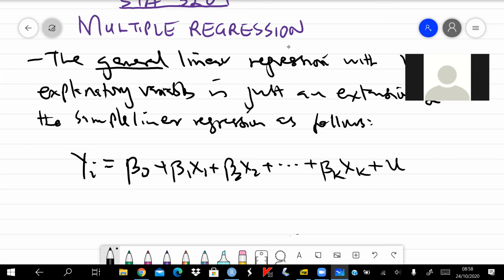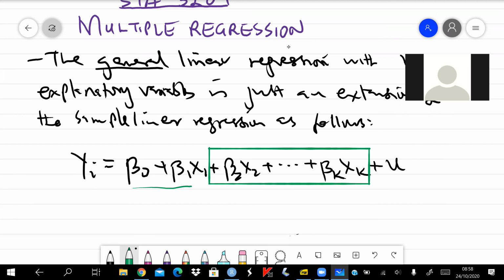So that's the general linear regression model. What we were discussing last week is just a special case of this equation when the number of explanatory variables is 1. It's the same equation, but we didn't have all these explanatory variables. We just had this part and this part.